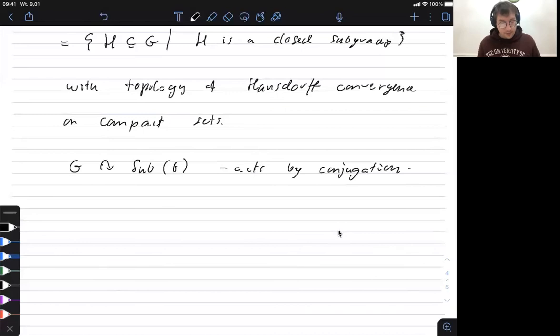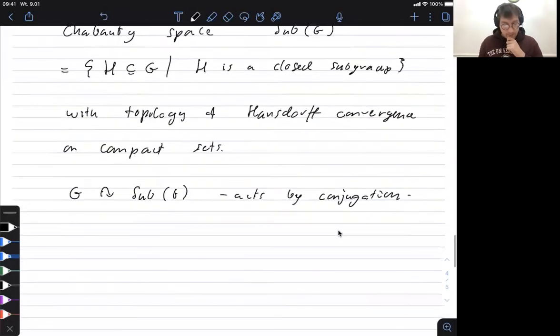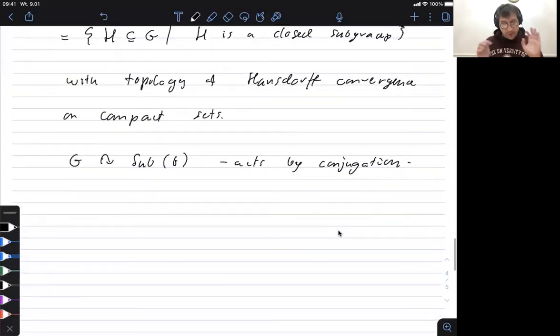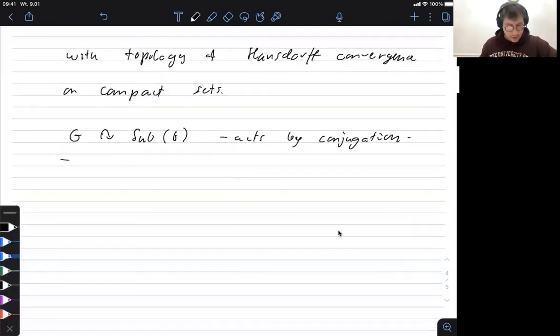Okay, and there is now a way to translate the statement about injectivity radius of a locally symmetric space into a statement about orbits in this action. So here, I'll put this translation in a box.